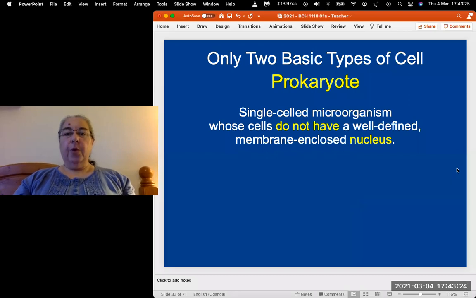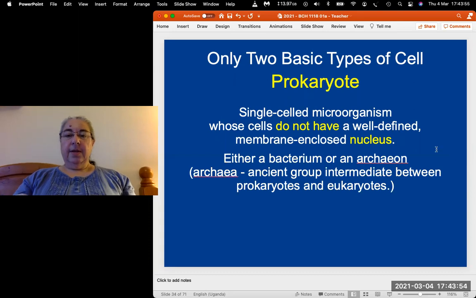Okay, so prokaryote cells are always single-celled. There are no multicellular prokaryotic organisms. So a prokaryote is a single-celled microorganism whose cells do not have a well-defined membrane-enclosed nucleus.